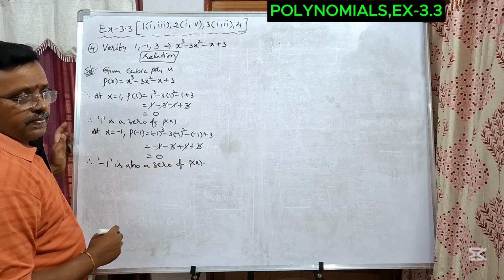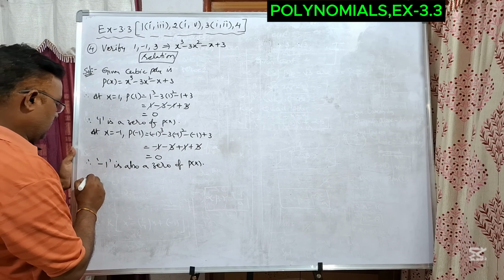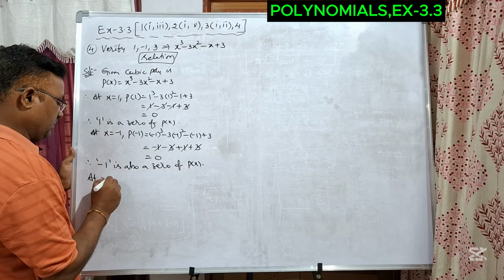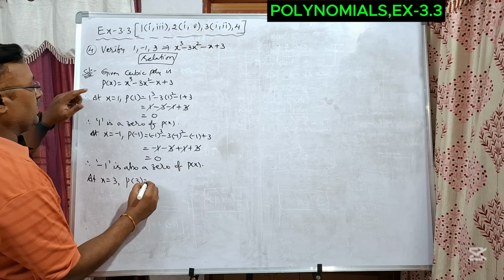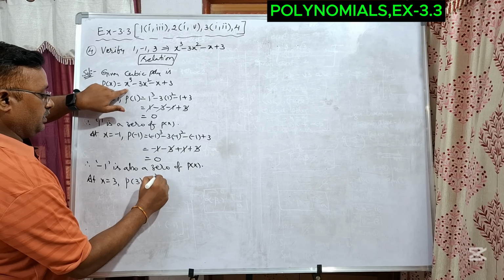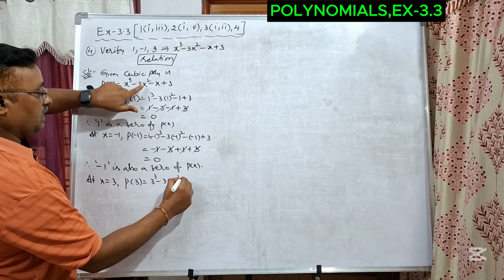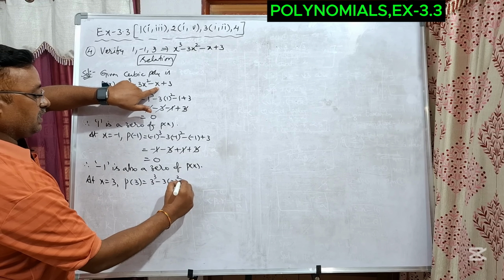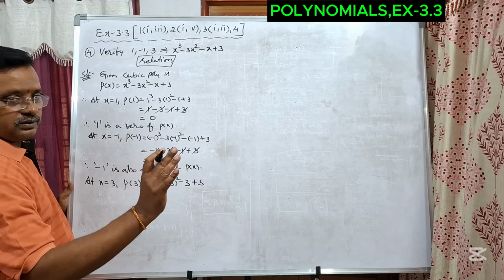Am I clear, Nana? Now come to the third value. At x equal to 3, polynomial value p of 3 is equal to 3 cube minus 3 into 3 square minus 3 plus 3. Like that you should substitute.